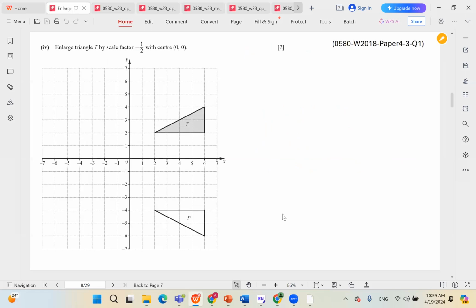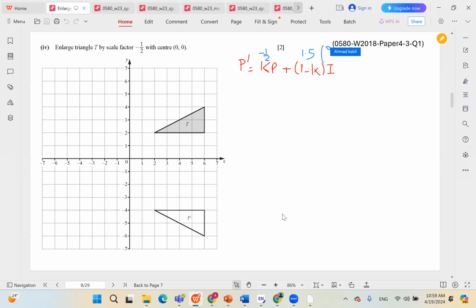Enlarge triangle T by scale factor -½ with center 0, 0. So let's remind ourselves of the equation. We have P dash equals KP plus 1 minus K times I. K here is -½, and 1 minus K would be 1 minus -½, which would be 1.5.